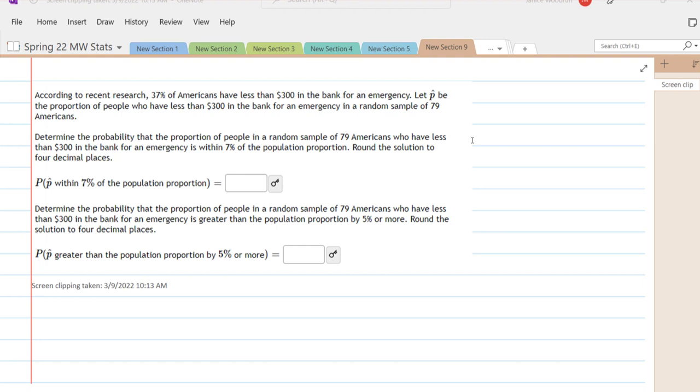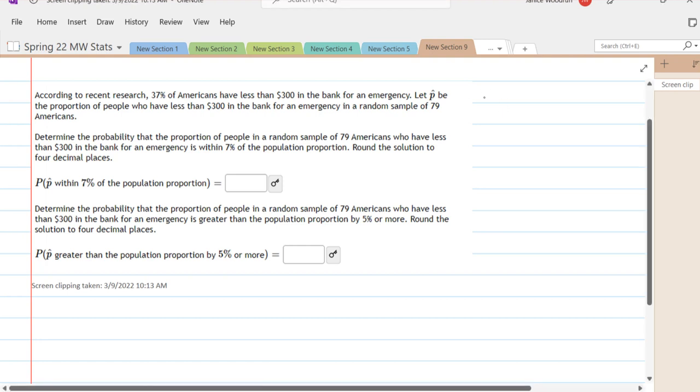Okay, so let's write what we have here. So we have a sample size of 79. Our population percentage, P, is 0.37, which will make Q, what's that going to be? 0.63. Yeah, 0.63. Okay.